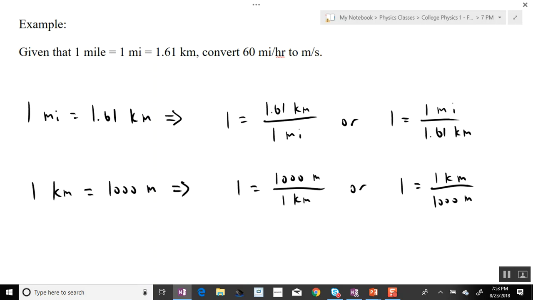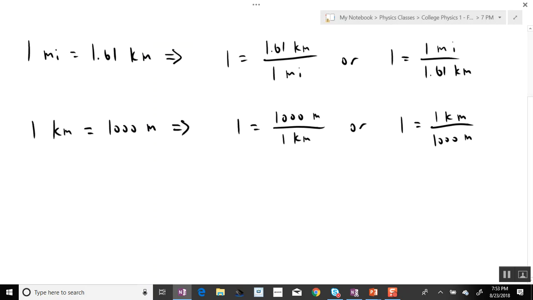And then there's a third one we need to do. That's hours to seconds, right? We need to convert hours to seconds somehow. So this one you just think about. So what is 1 hour in terms of seconds? In other words, how many seconds are in an hour? Yeah, there's 60 minutes in an hour and 60 seconds per minute, right? So that's 60 squared seconds, which is 3,600 seconds.